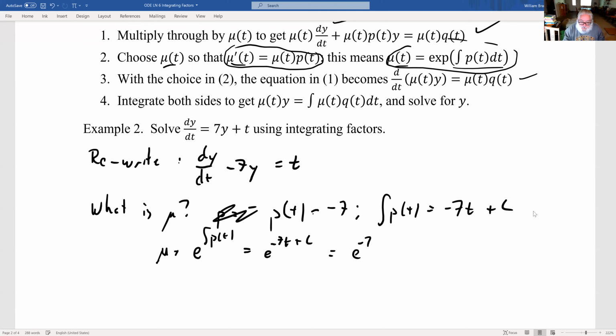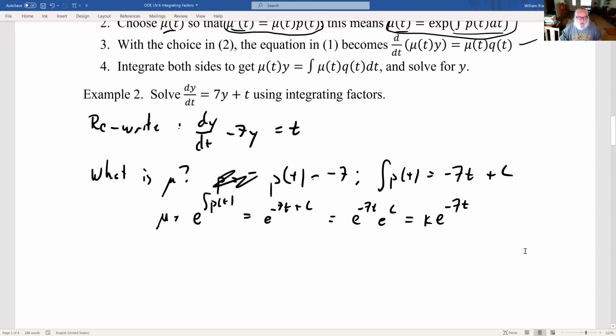We'll split that apart into two, and then we'll rewrite the e to the c as a k. So there's mu of t. Actually, I don't need the k, as it turns out, and we'll see why we don't need that. We could have just gone with e to the -7t. Great. So what's the solution?